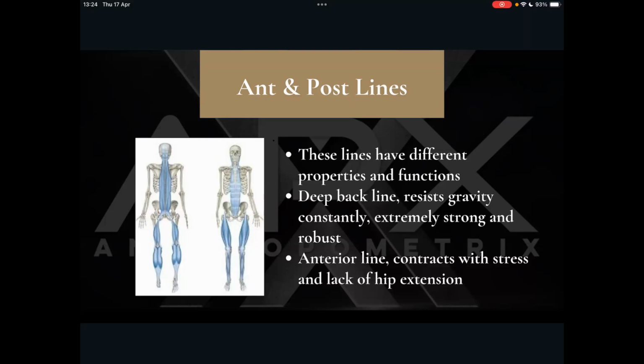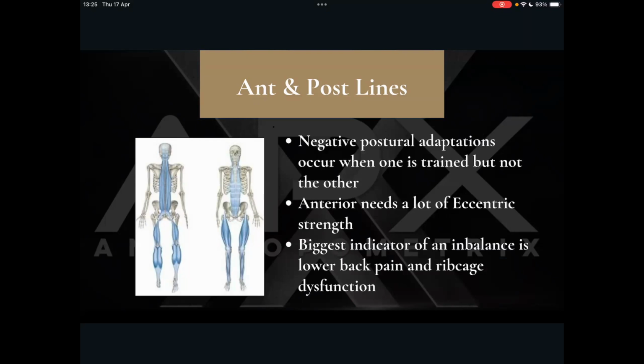We've got to think, well, what are they for, and how does this affect me? Why should I care? Well, negative postural adaptations happen when we have a mismatch of how each one is trained. The anterior naturally needs a lot of eccentric strength because we're falling forward towards the ground.